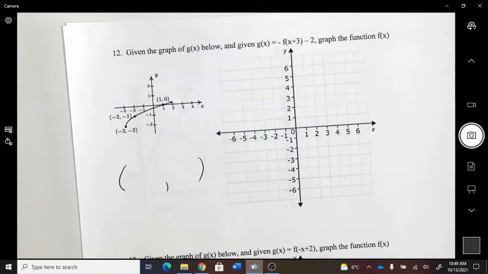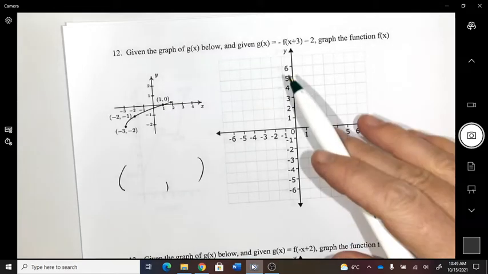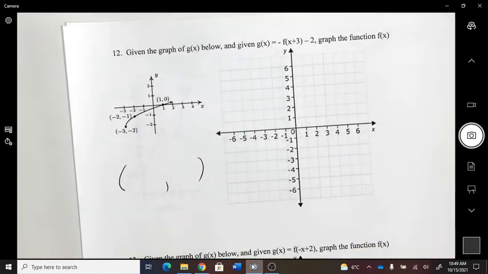Give me a math coordinate here. Math coordinate using the negative, the 3, and the 2.